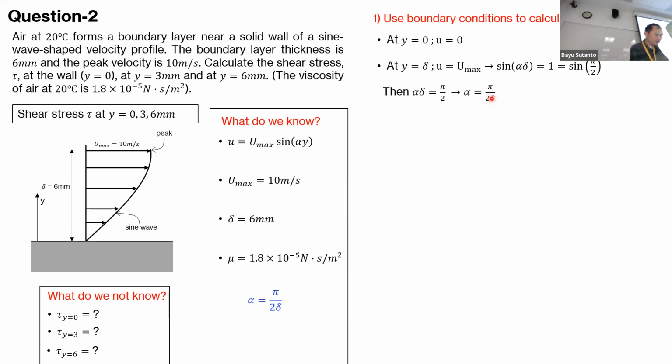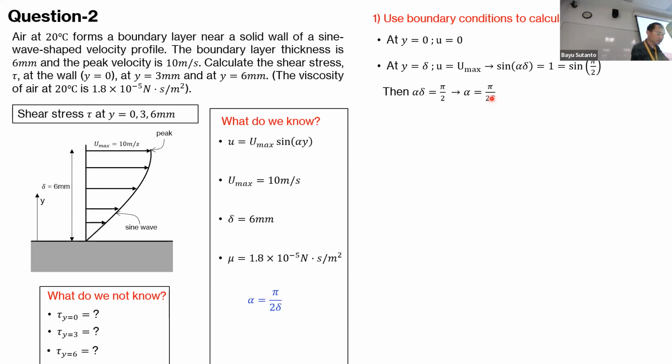So now we include this in our question. This is y, and this is u. So u equal to u max sin alpha y, or u max sin of pi per 2 delta times y.